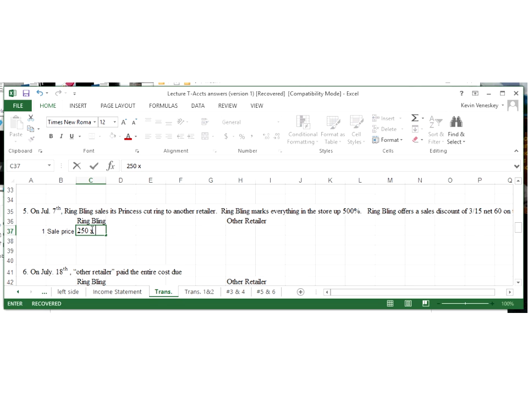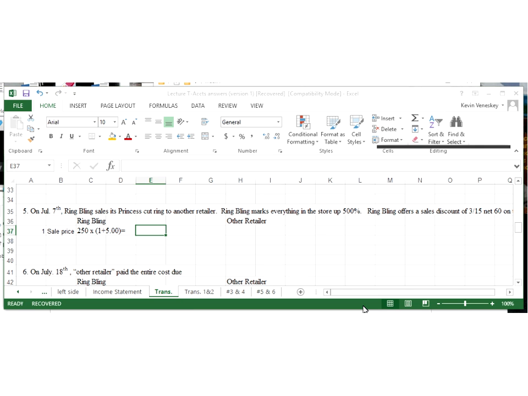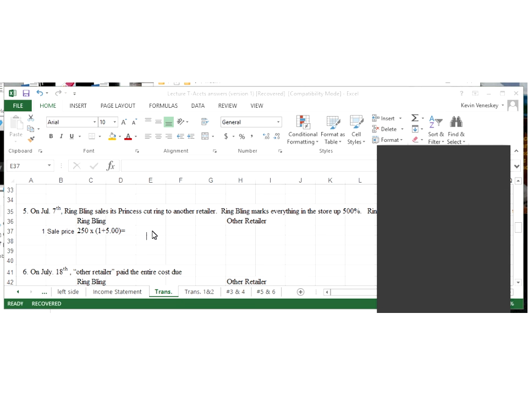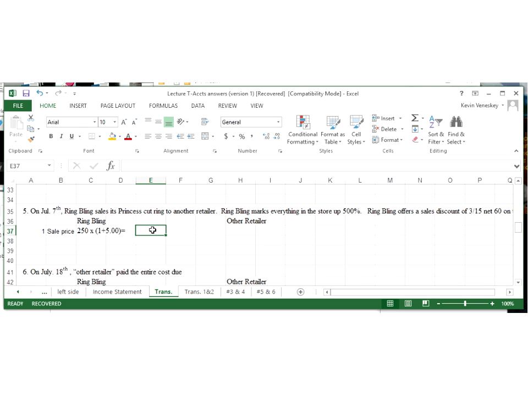So I need to take 250 times 1 plus the markup, 500%, which is 5.00. So my sale price actually is 250 times 6. And if you can't do it, bring up your calculator, but 250 times 6 is $1,500.